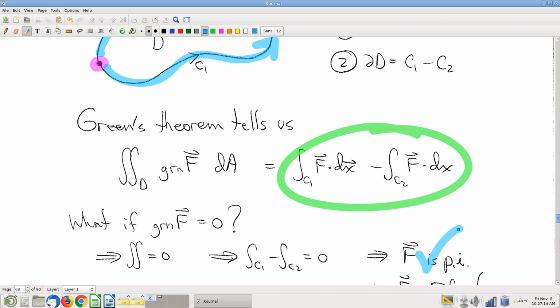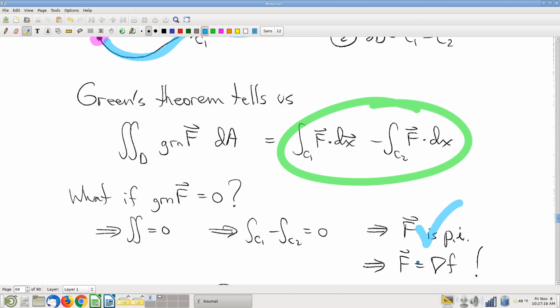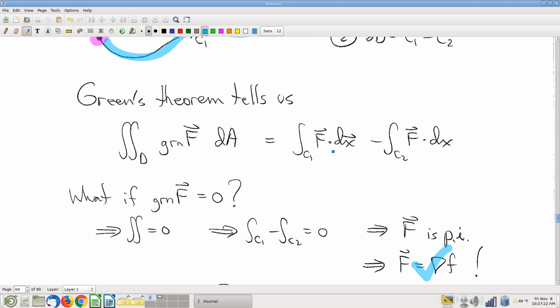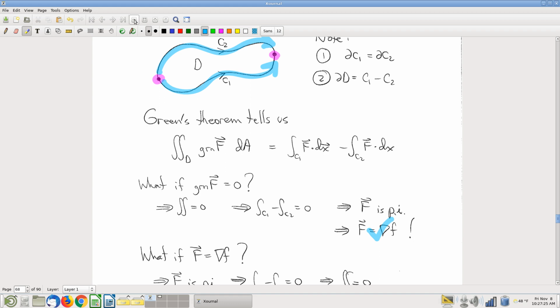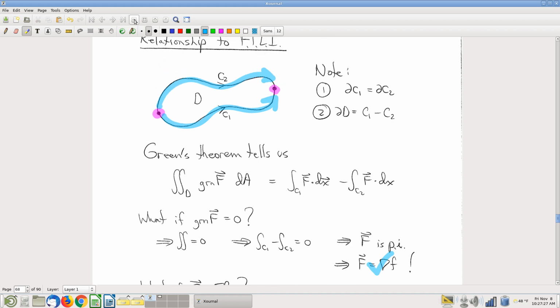And of course we already know, we talked about this before, path independent is equivalent to being a gradient. So what I love about this little argument is, let me zoom out one notch so we can see the thing, what this does is it gives us a geometric sense for why the boundary theorems that we've talked about in the past are true.